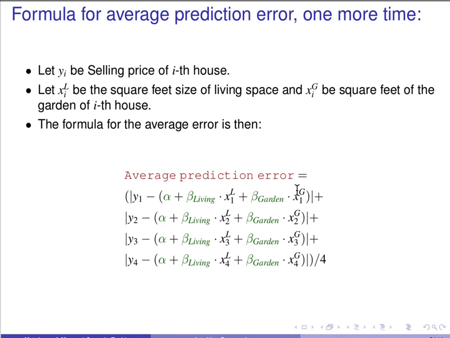Here is the first error, that is the selling price of house 1 minus the predicted price of house 1, and here the second error in absolute value is y2, the selling price of the second house, minus the prediction for the second house, and so on. The 4 errors, absolute value, divided by 4.